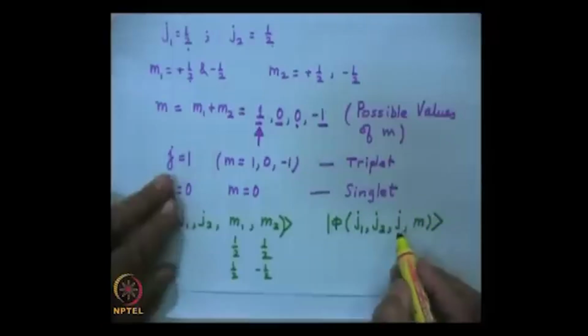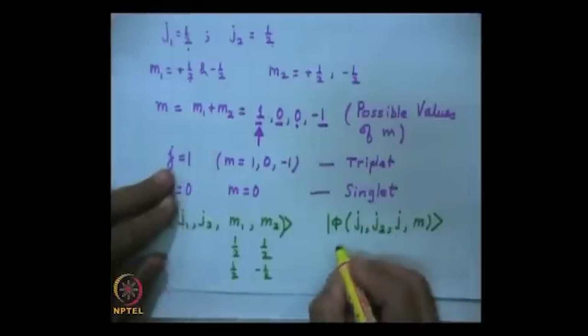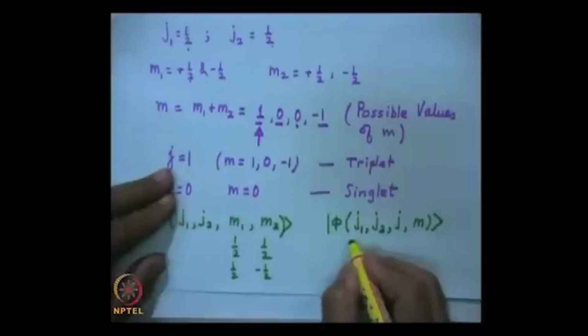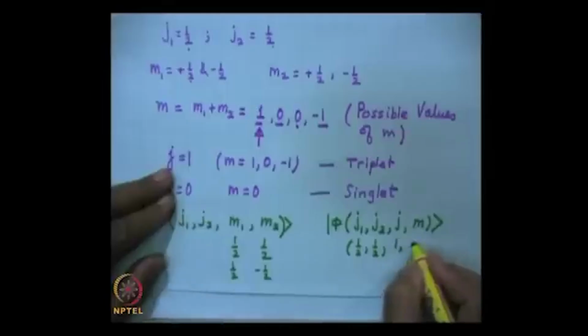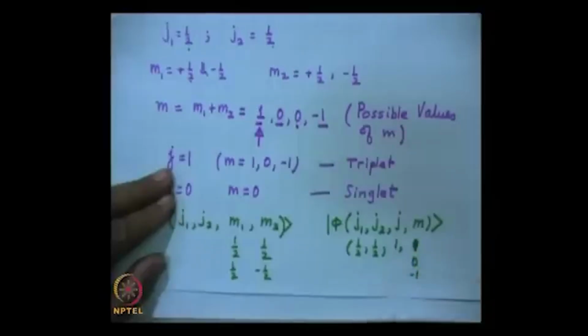So, we have J is equal to 1. So, J1 and J2 are half, this is 1 and so you have 0. So, m is 1, 0, minus 1 and then j is equal to 0, m equal to 0.